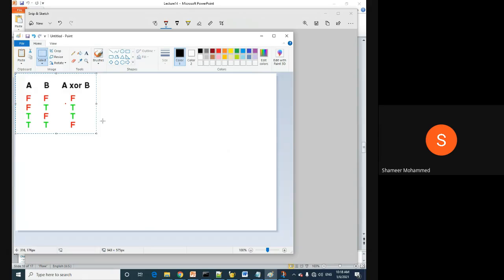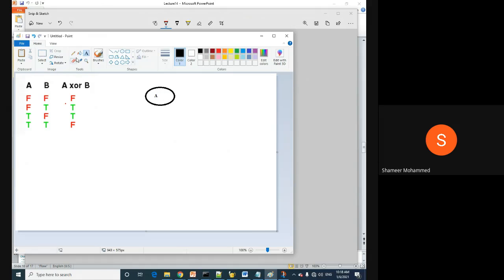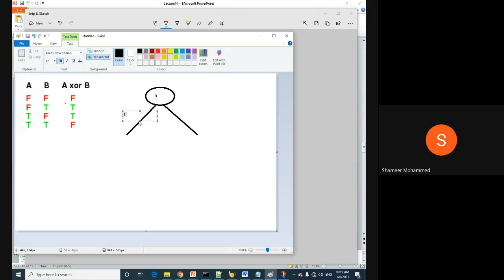Okay, so this is a tree. Basically you will have a node here, A. A is associated with two values, either true or false. So you have two branches here, one for true and one for false.